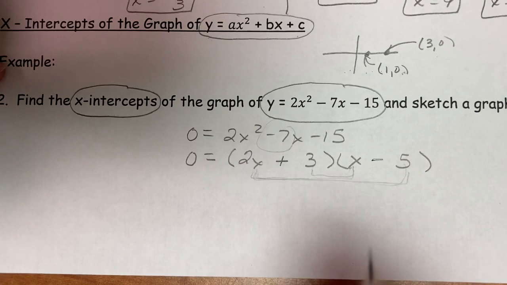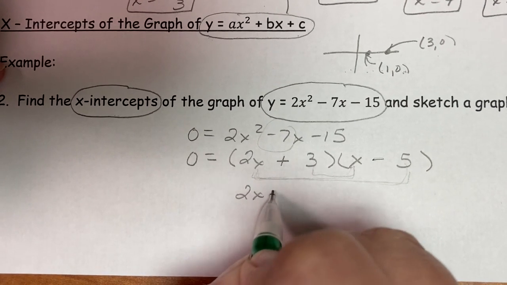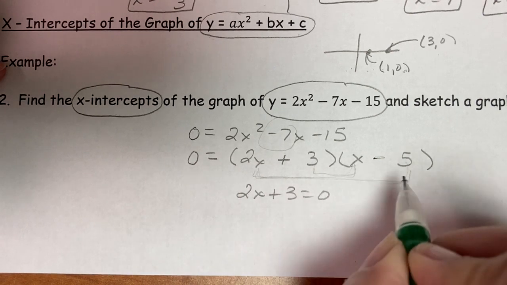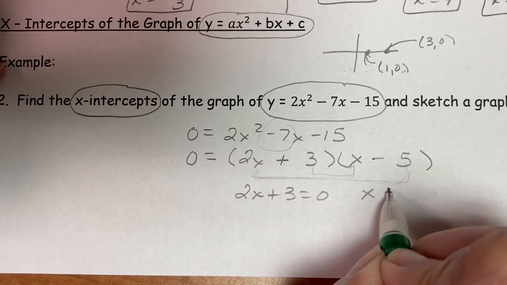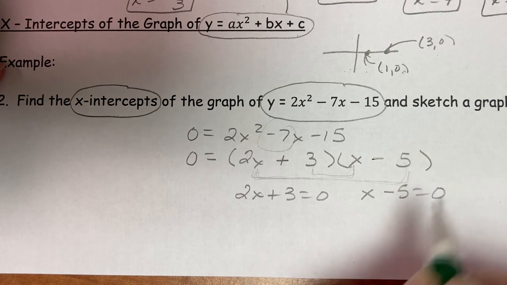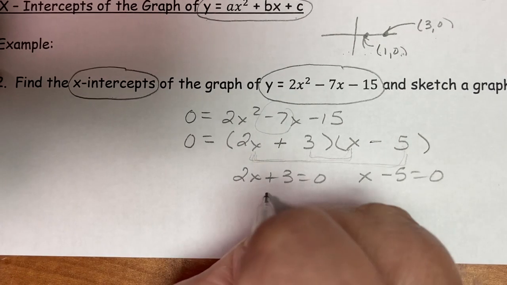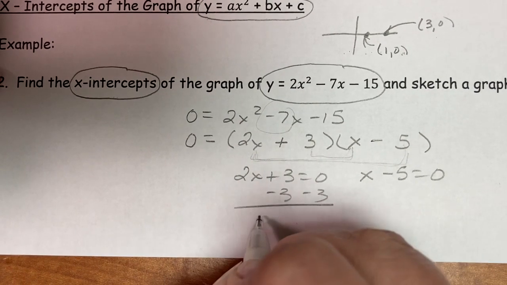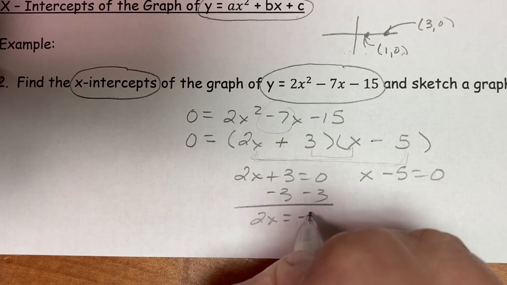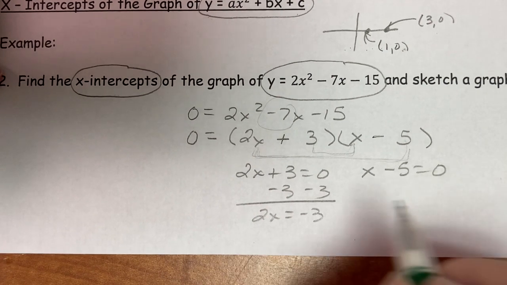How do I go ahead and finish solving? Well, I take each one of my factors and set it equal to 0. So I'm just solving that quadratic equation. So here I'd subtract 3, and I'd get 2x equals -3.